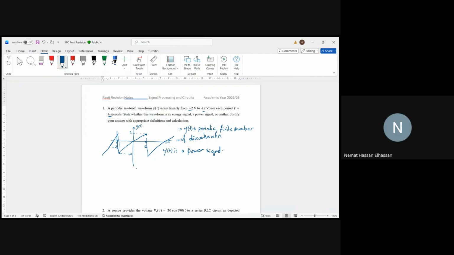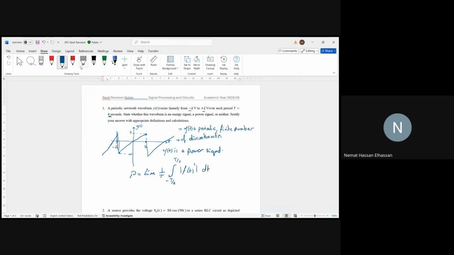For that, we'll use the equation for power, which is the power of a signal equal to the limit of 1 over T, the integral over 1 period, from minus T over 2 to T over 2, of f of t squared with respect to time, dt.